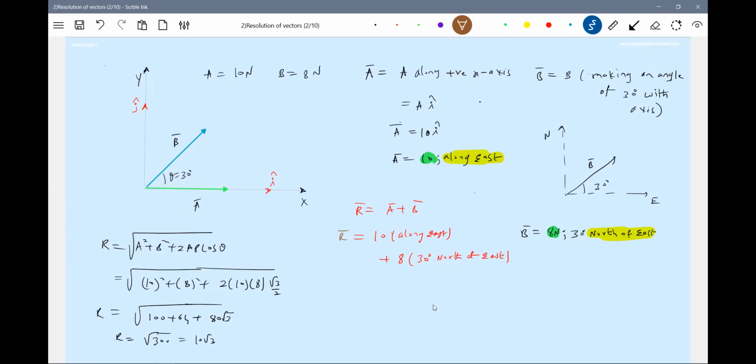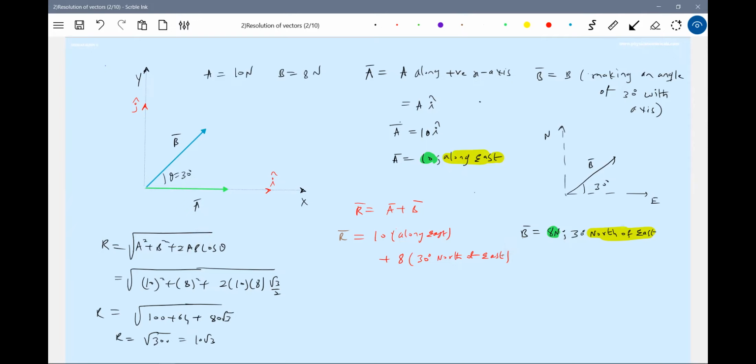So therefore, I have to bring some vectors where this B bar is a problem. A bar, there's no problem. B bar, if I can bring it in terms of i cap, j cap, then I can go for the vector addition. Sir, already this is there.